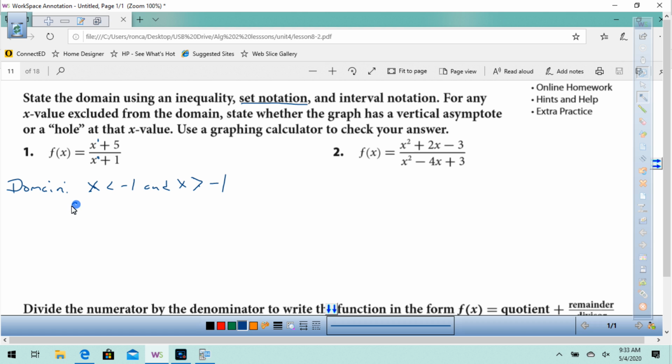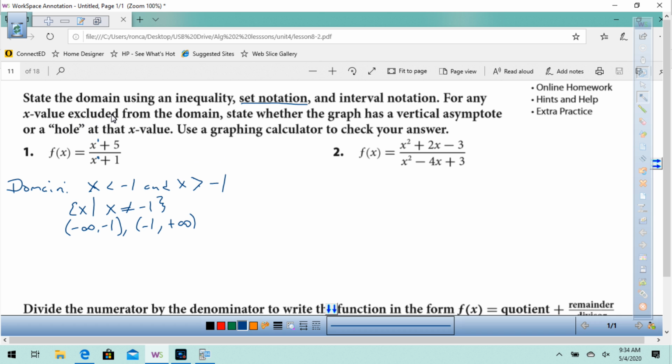Set notation: x such that x is not equal to -1. And in interval notation, we're going to have negative infinity to -1 and -1 to positive infinity. I'm using parentheses, so it does not include -1.